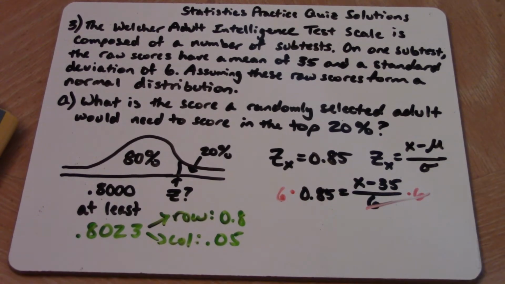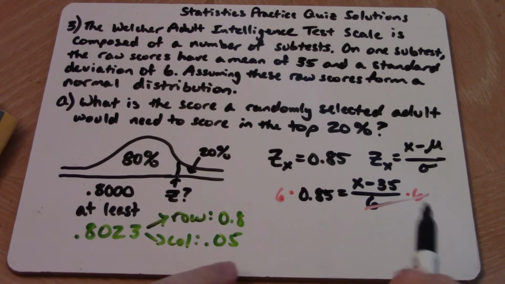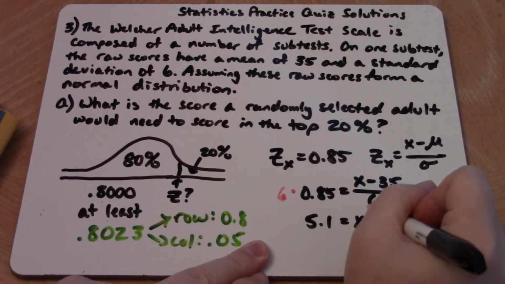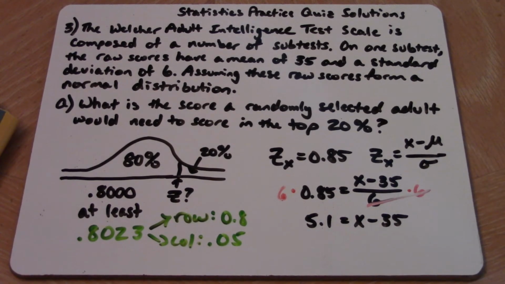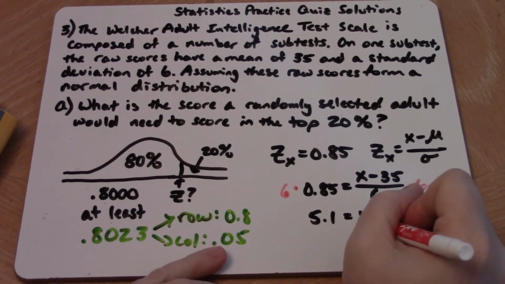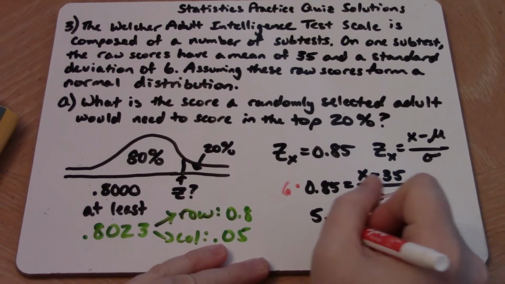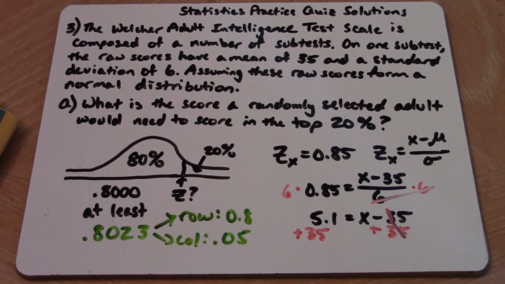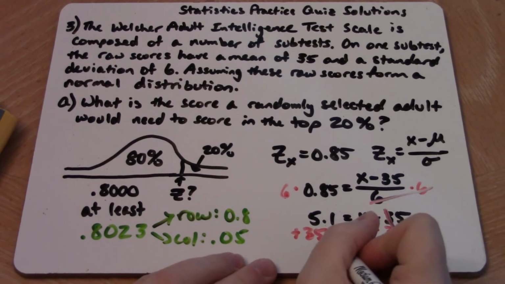That cancels the 6 on the right side and gives us 5.1 equals x minus 35. Then we add 35 to each side, which gives us that x is 40.1.